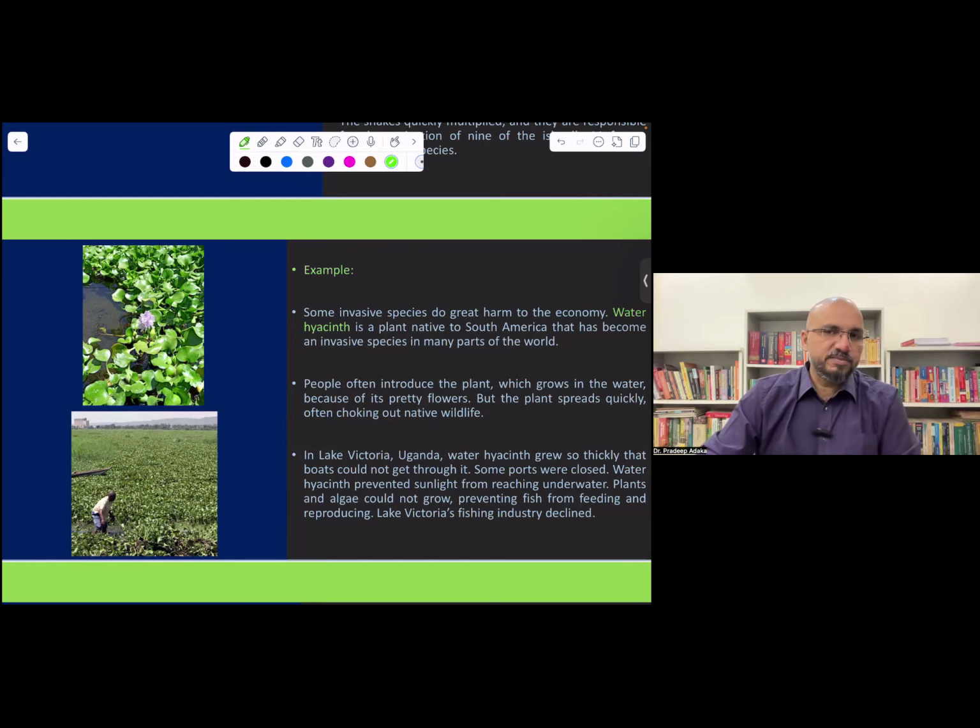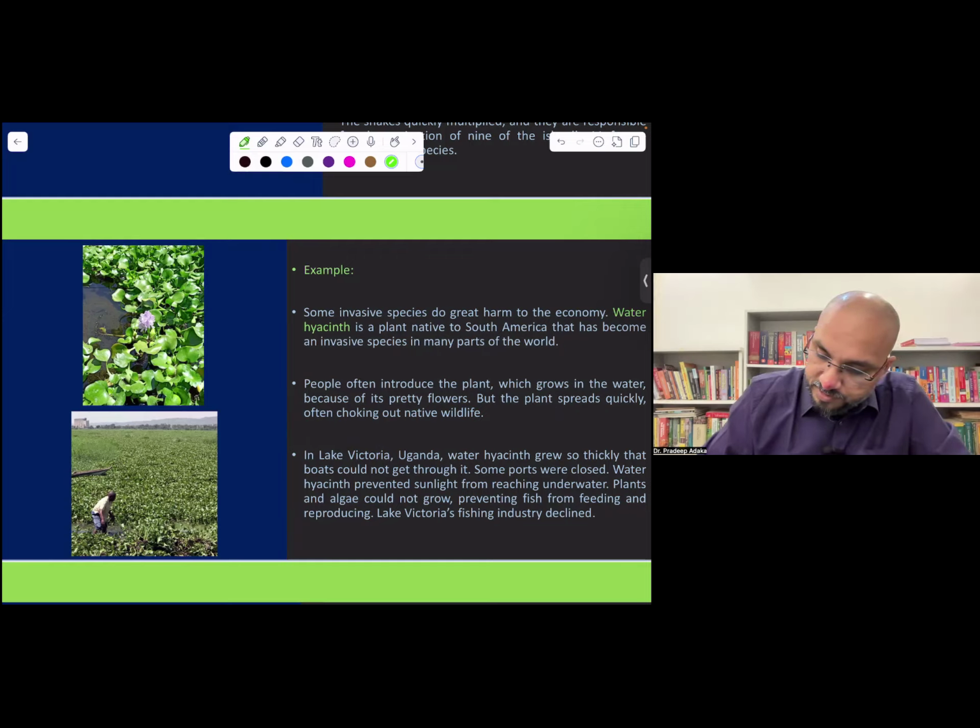So if light does not penetrate, the plants or the algae inside the water will not photosynthesize. The oxygen will not be there in the water. So if there is no oxygen in the water, many species of fishes or animals will die because of hypoxia, or lack of oxygen in the water.